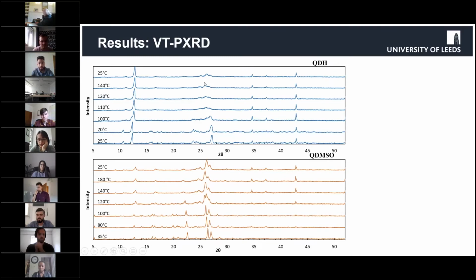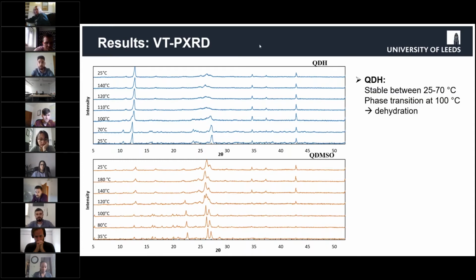Looking now at the variable temperature powder X-ray diffractions of the two spectra, for the dihydrate form, we can see that between 25 degrees and 70 degrees, we get the same spectrum, which agrees for the dihydrate form, while at 100 degrees, we start seeing some peaks decreasing in intensity, and some others disappearing or appearing, which indicates this phase transformation at the temperature of 100 degrees.